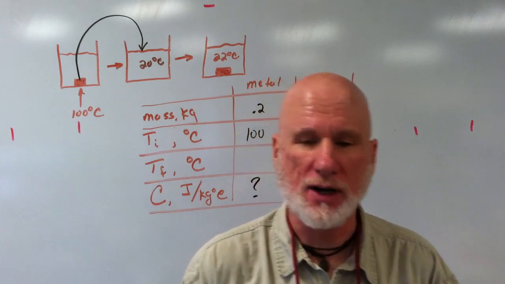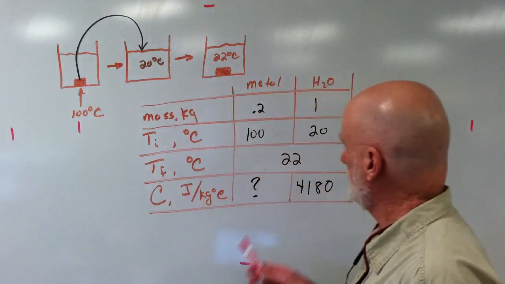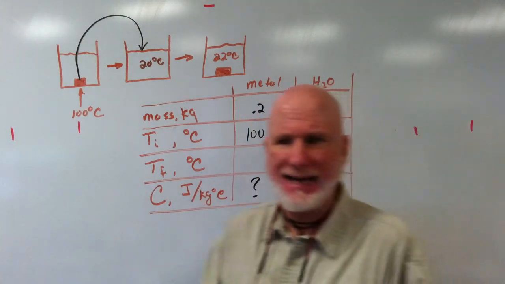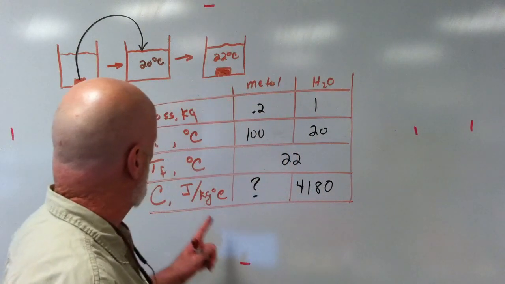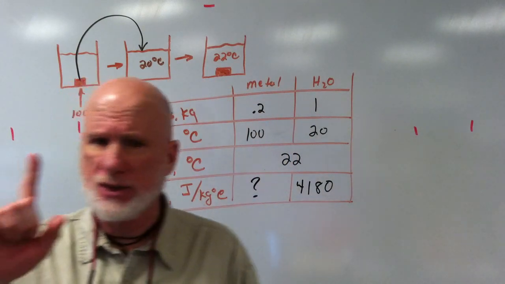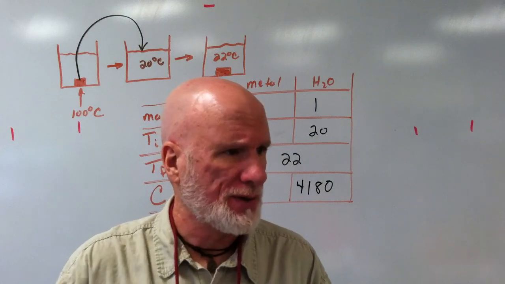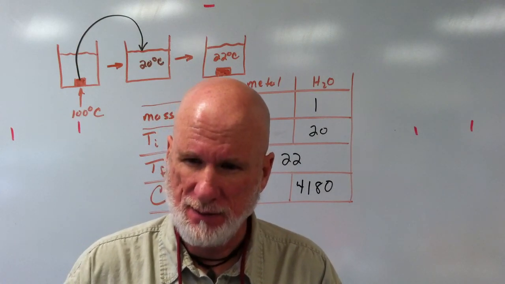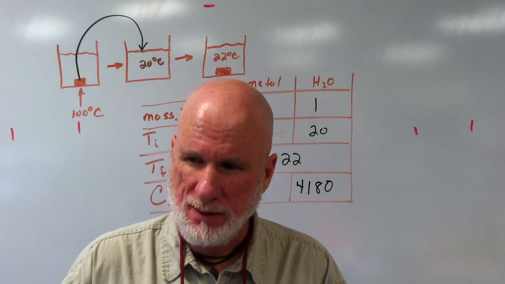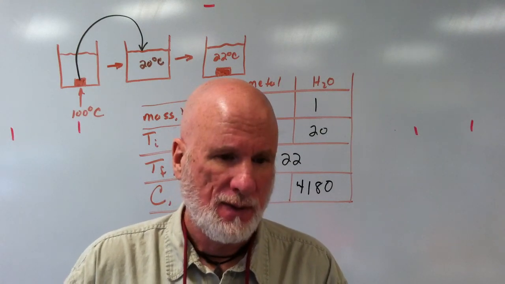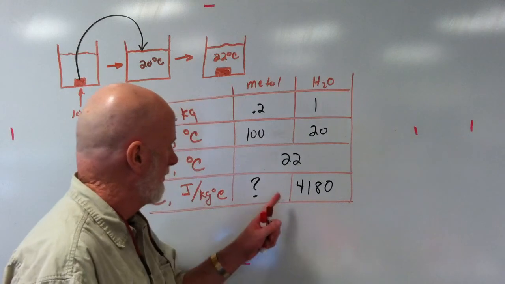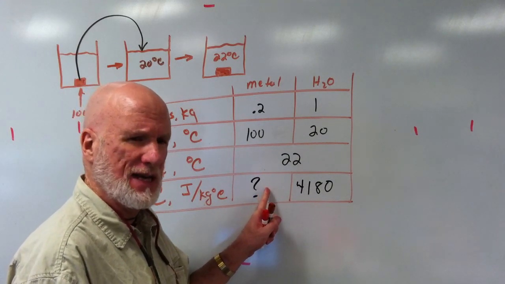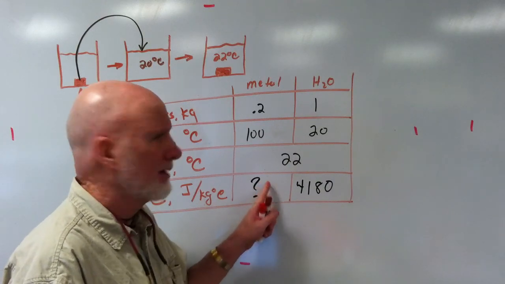For instance, if you look at water, it takes 4,180 joules to raise 1 kilogram 1 degree Celsius. Okay? It's a lot of heat. Correct? All right with that? So, I want to know what the specific heat capacity is of this unknown metal, given this data.